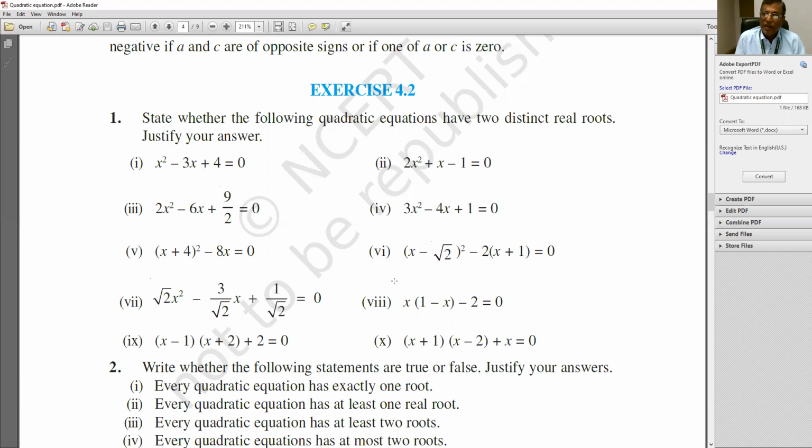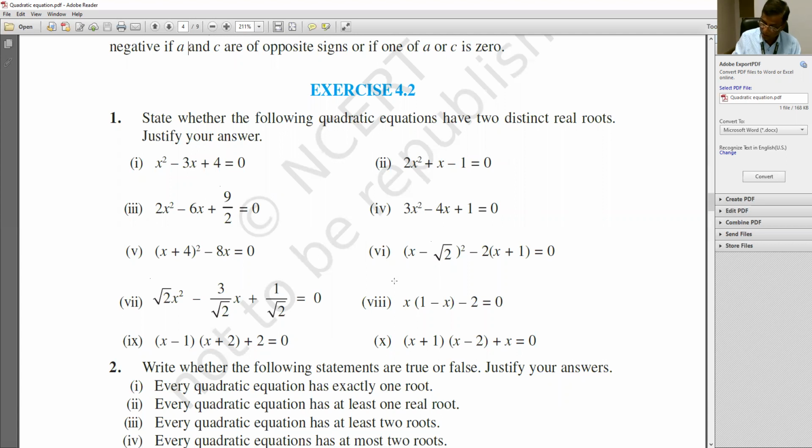So if you are taking your equation, please write this. In 1, it is written x square minus 3x plus 4 is equal to 0.